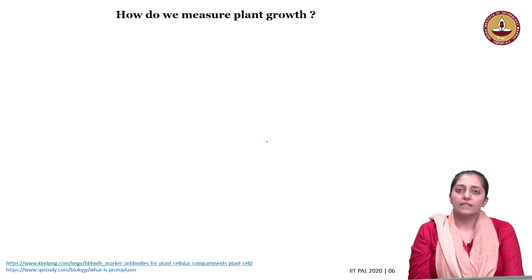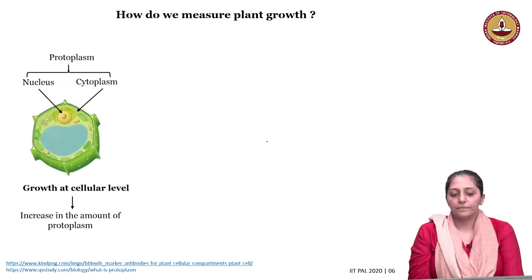Now, the question arises, how do we measure plant growth? At a cellular level, you can see there is nucleus and cytoplasm, which combined is called protoplasm. So, when there is growth happening, there is an increase in the amount of protoplasm.